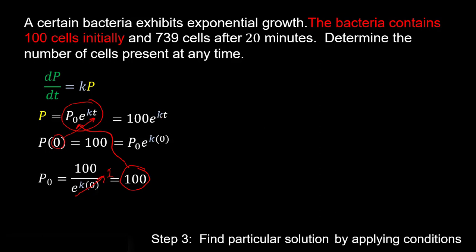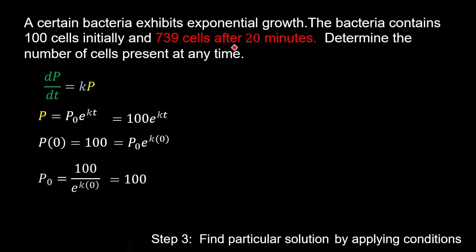So in order to find what k is, we have to look at our other condition, 739 cells after 20 minutes. So let's go ahead and take a look at that next. And what this is basically saying is our p of 20, or our population at time t equals 20, is going to be 739.